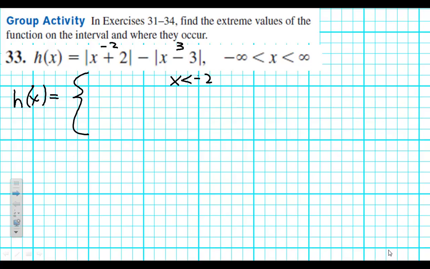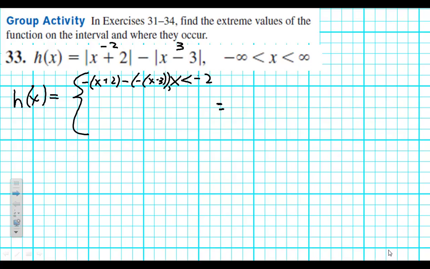The stuff inside this absolute value is going to be negative, and it nets out to negative x plus 2 minus a negative x minus 3. Again, because the absolute value is either you're going to have the same stuff that's inside the absolute value sign, or you're going to have the opposite depending on whether the inside is positive or negative.